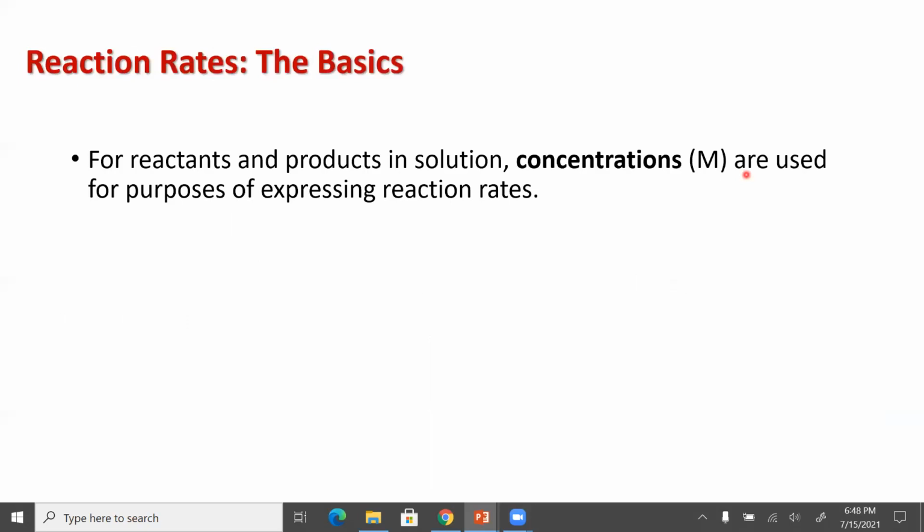When we talk about solutions and we look at reactants and products in a solution, we're going to be using concentrations in terms of molarities when we look at reaction rates. So we know that molarity is moles per liter. So the moles of solute per liter of solution is what we'd be using when we look at solutions.